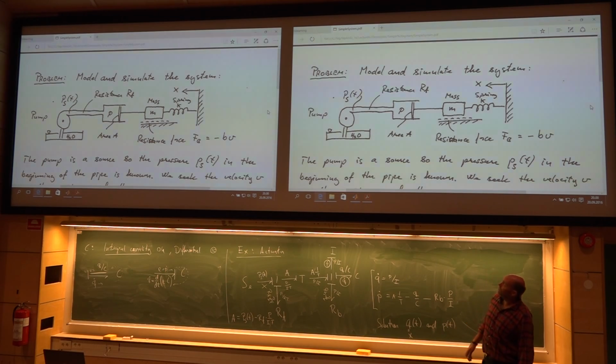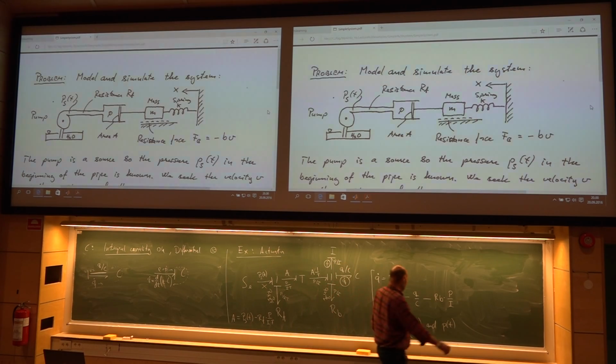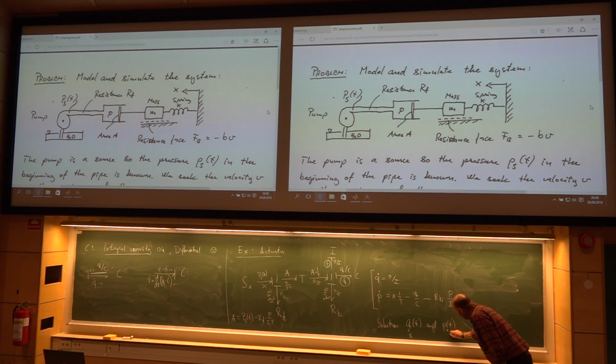What is this P? P, that is the momentum in a mechanical world. That's mass times velocity. So this P, that is m times velocity. So typically here you will divide by m just to get the velocity as a function of time.